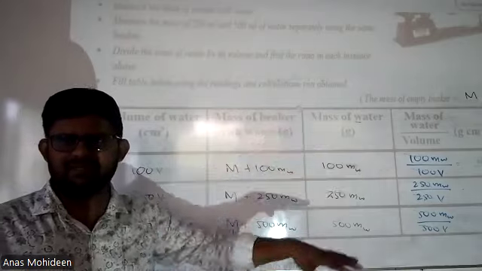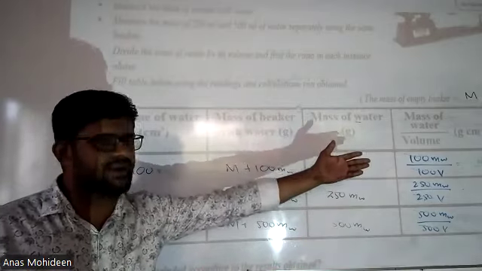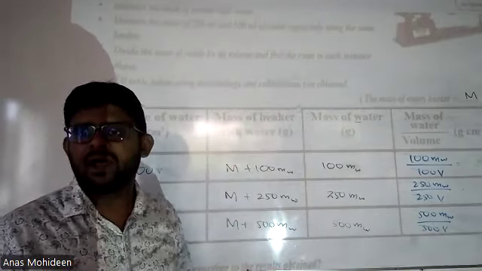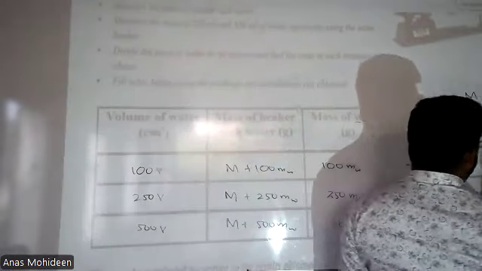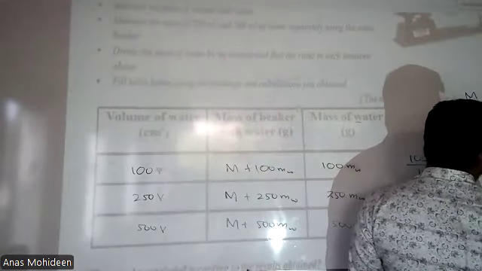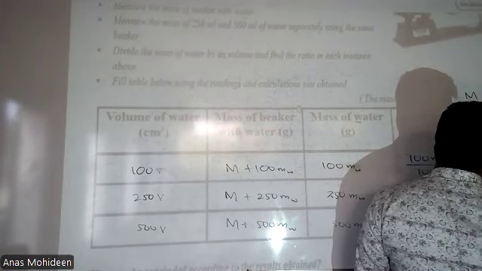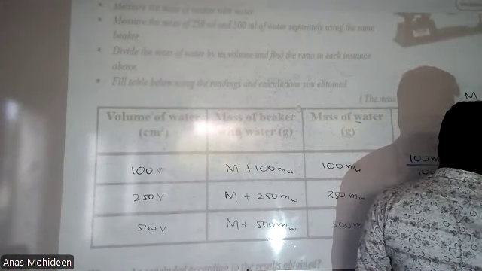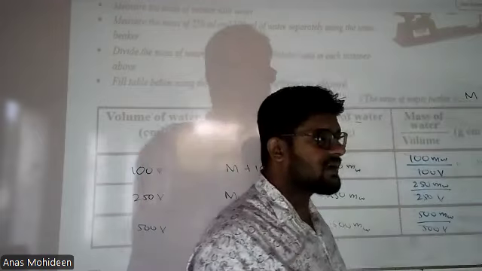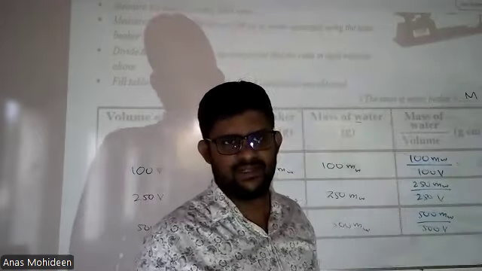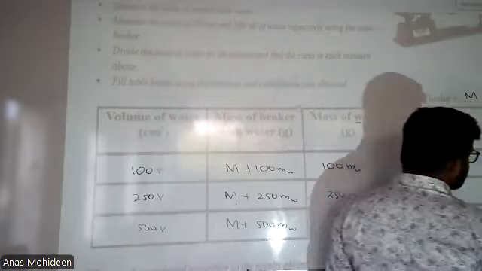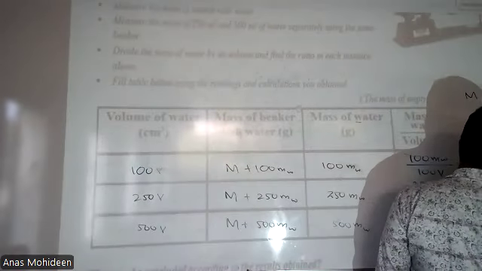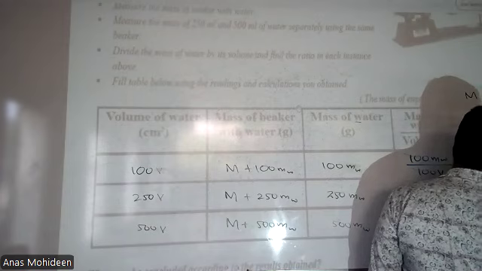That mass you divide by the relevant volume, and always you get one answer, and that answer is what we name as density. Density is constant for the same liquid, for the same substance. Density is constant for the same matter.